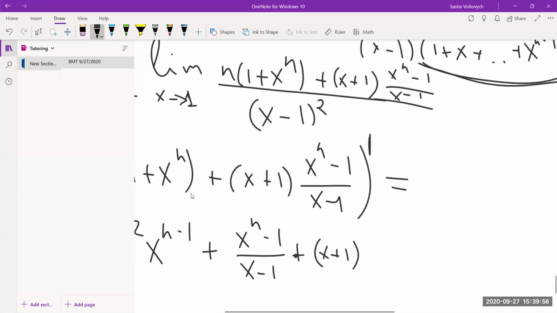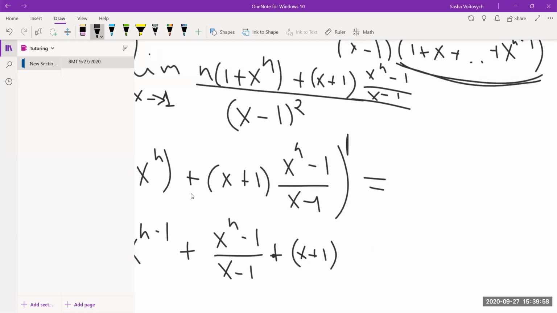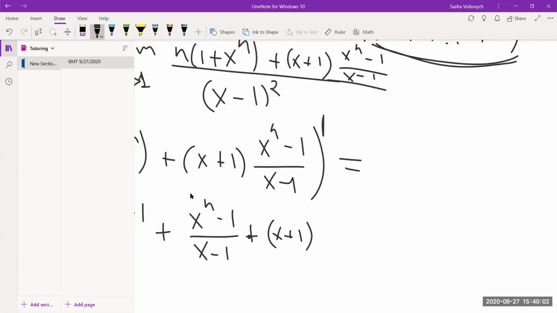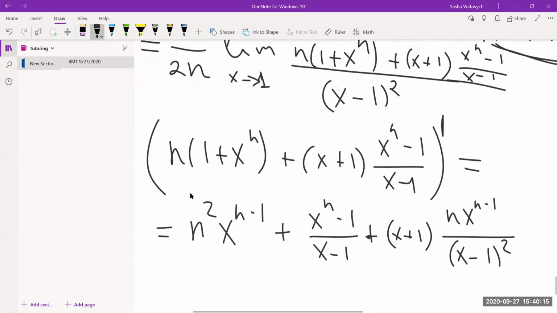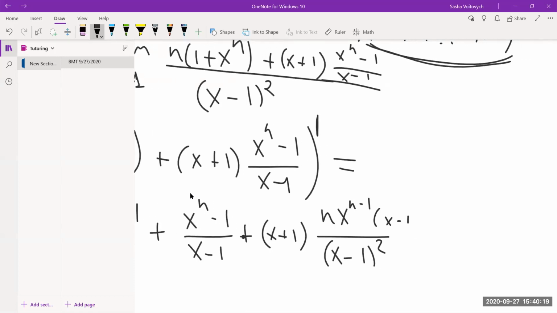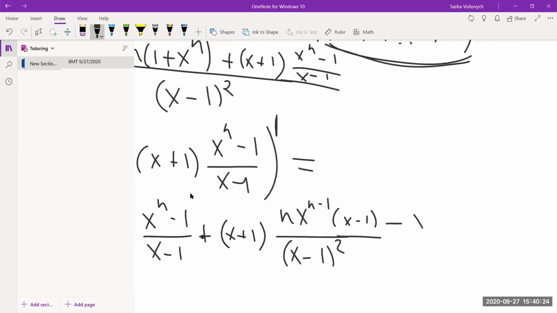We're just differentiating the product. So this guy will be equal to x minus 1 squared. So n times x to the power of n minus 1 times x minus 1 minus x to the power of n minus 1.